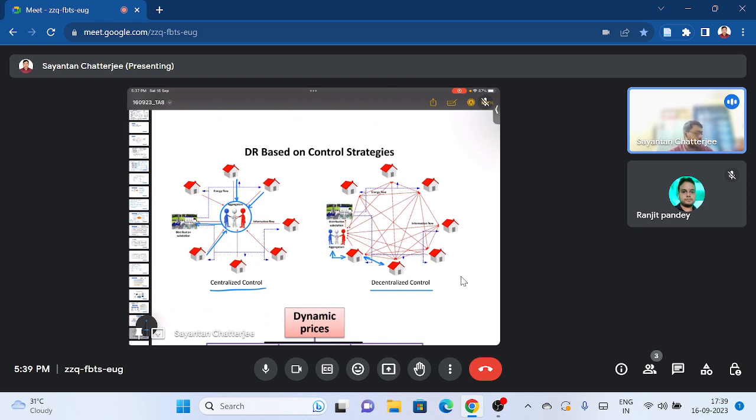So this is two-way communication among these consumers as well as from the consumer to the aggregator.